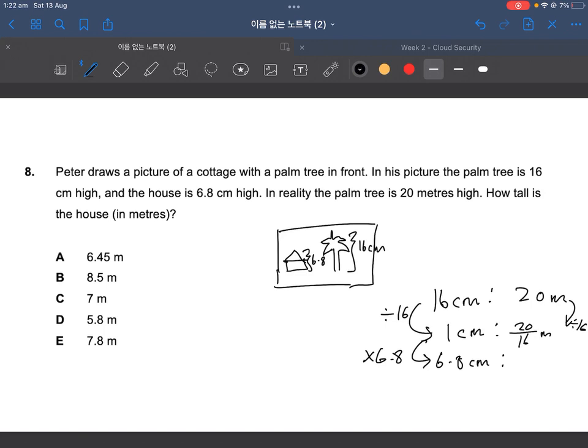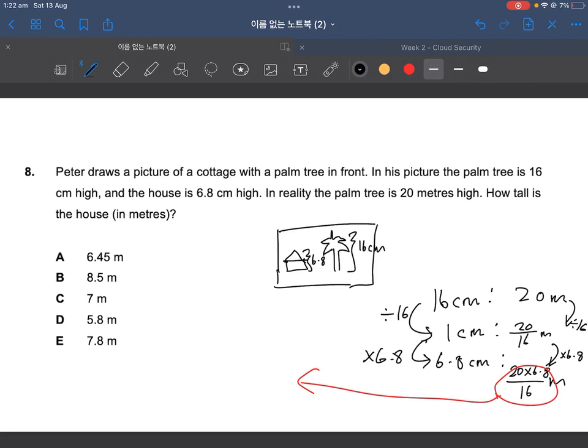So I can easily times 6.8. So if 1 centimeter is 20 over 16, then 6.8 centimeters, which is 6.8 times greater than 1 centimeter, is also going to be 20 times 6.8 over 16 meters long. Okay? This looks overly complicated, but in fact, it's quite simple because once you work it out, what's 20 times 6.8?